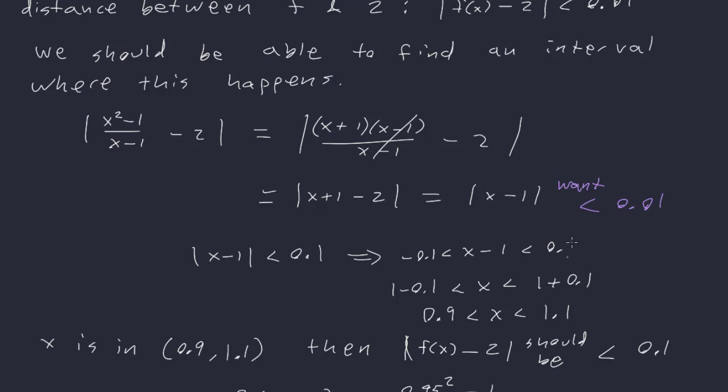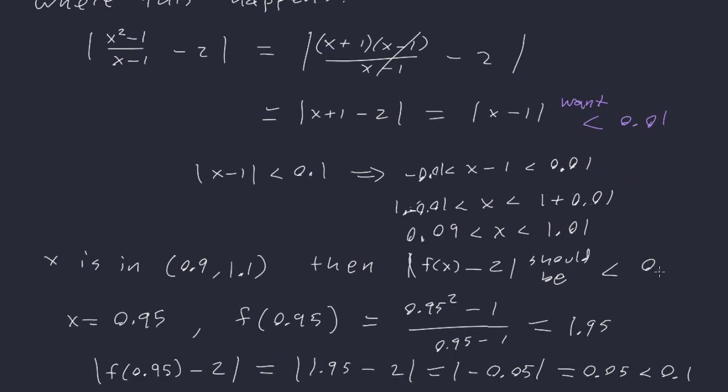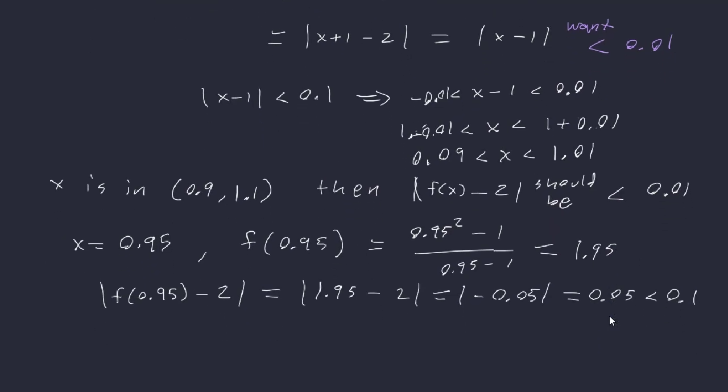So all these would just change now to 0.01s. So we'd end up with 0.99 and 1.01. Okay, so really we are looking at the interval from 0.99 to 1.01.